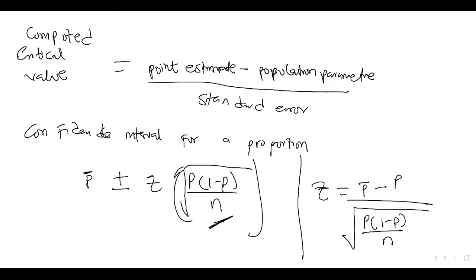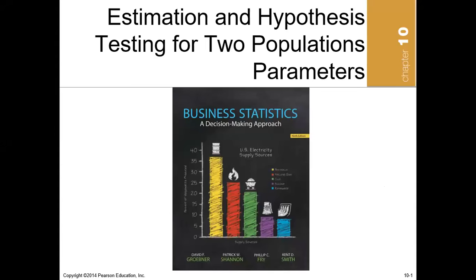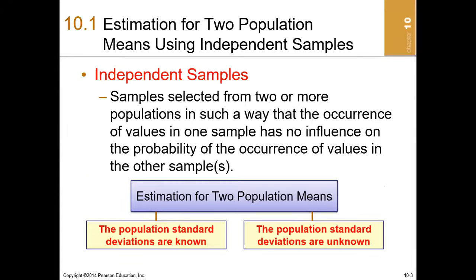Now, in this particular topic, our focus is on doing confidence intervals and hypothesis testing for two population parameters. Assume that there are two groups. For instance, let's say I teach Bachelor of Commerce Management students statistics, and I also teach Bachelor of Commerce Accounting students statistics.